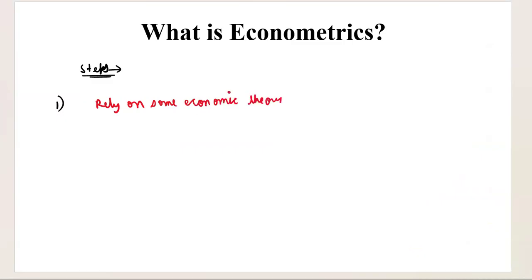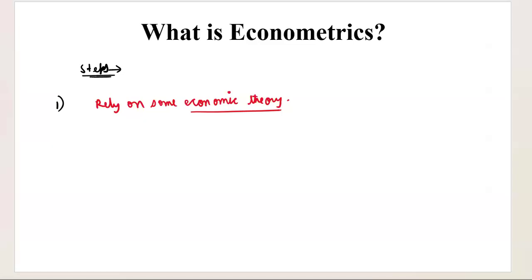Please understand this step because this is the most distinguishable step that econometricians use that statisticians don't usually use. You have to start with some economic theory that has already been propounded by someone.